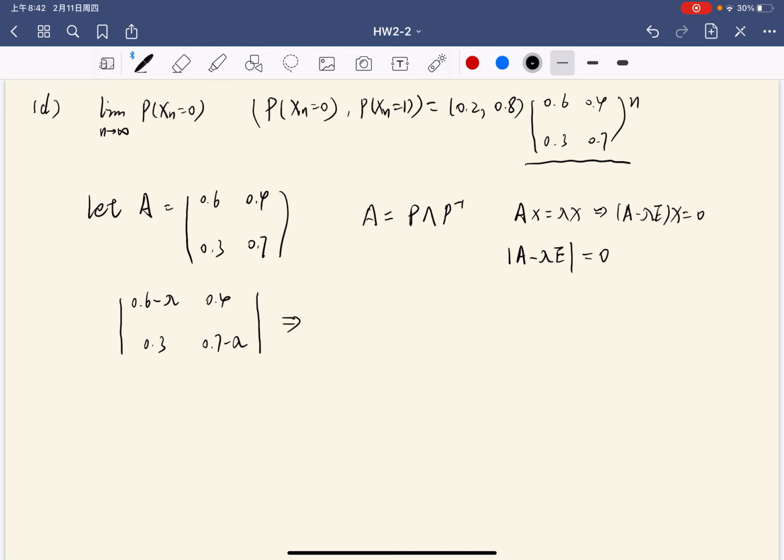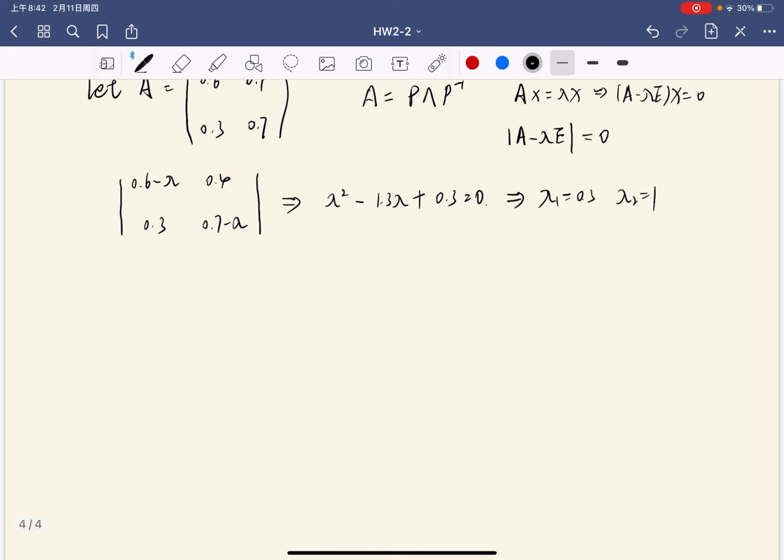So we calculate the determinant of the matrix (0.6 minus lambda, 0.3; 0.4, 0.7 minus lambda), which needs to be 0. We obtain lambda squared minus 1.3 lambda plus 0.3 equals 0, so lambda 1 equals 0.3 and lambda 2 equals 1.